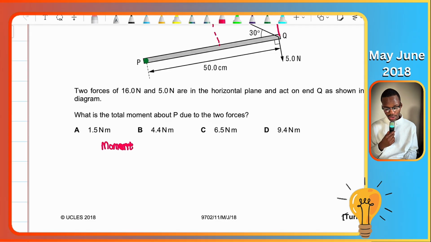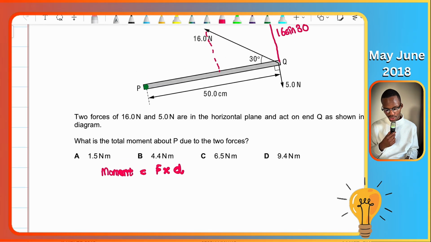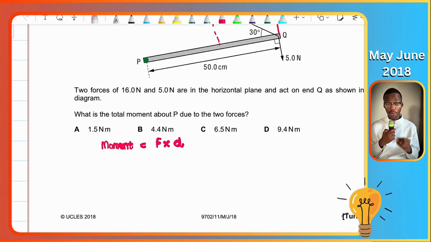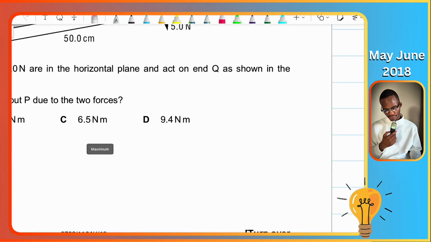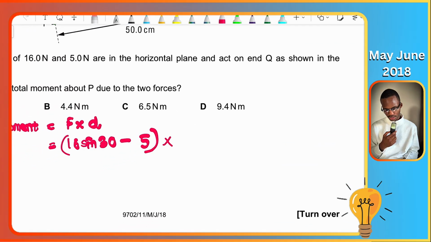So we know that the total moment is actually equal to the force times the distance d. Okay, so the force that we have here is basically the resultant force, because we were told to find the total moment due to two forces. So we're going to have 16 sine 30 in that direction, and we're going to subtract 5, and then we're going to multiply by the distance, which is 50 centimeters, which is going to be 50 over 100, I think.